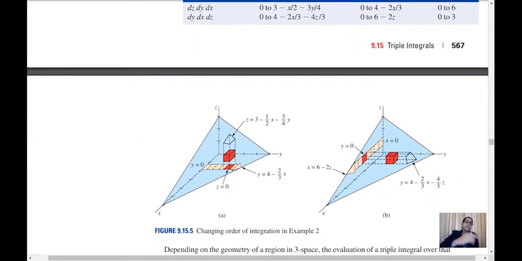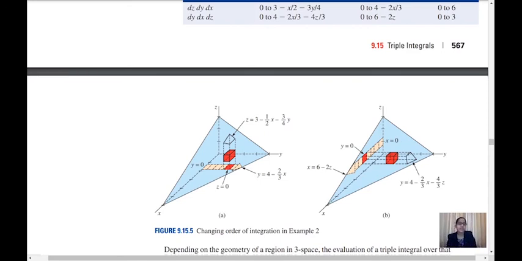This integration was dz dy dx, so z varies from 0 to 3 minus 1 by 2 x minus 3 by 4 y, and we project it onto the xy plane, and we get a type 1 region. Here y varies from 0 to 4 minus 2 by 3 x, and x varies from 0 to 6. So that was our given integration.